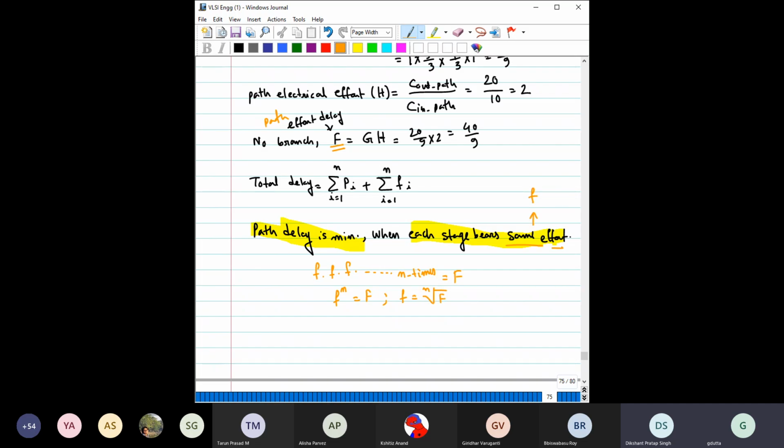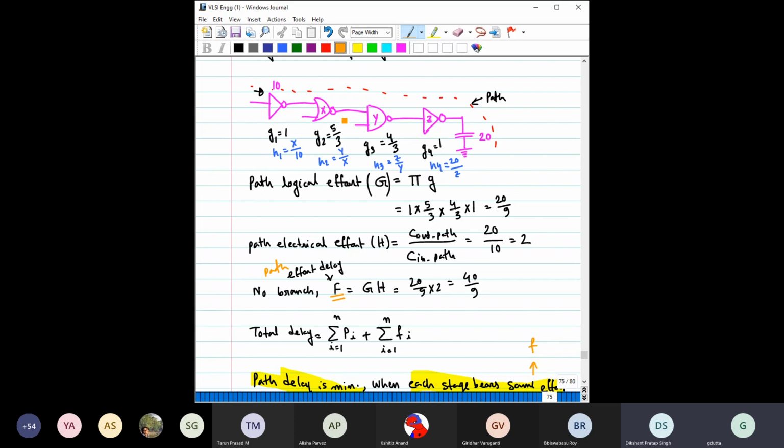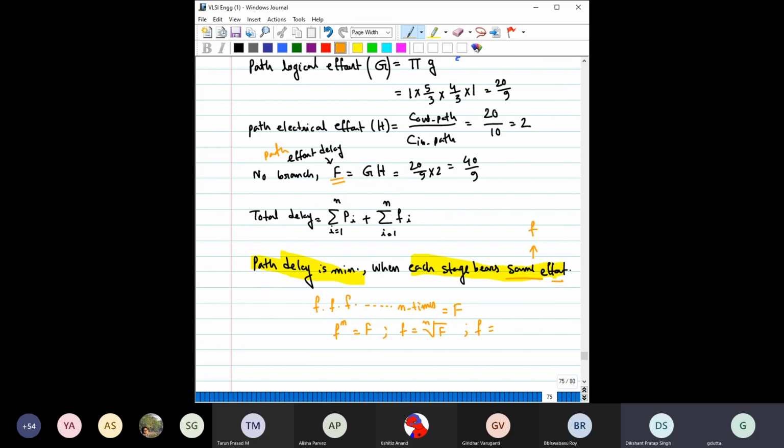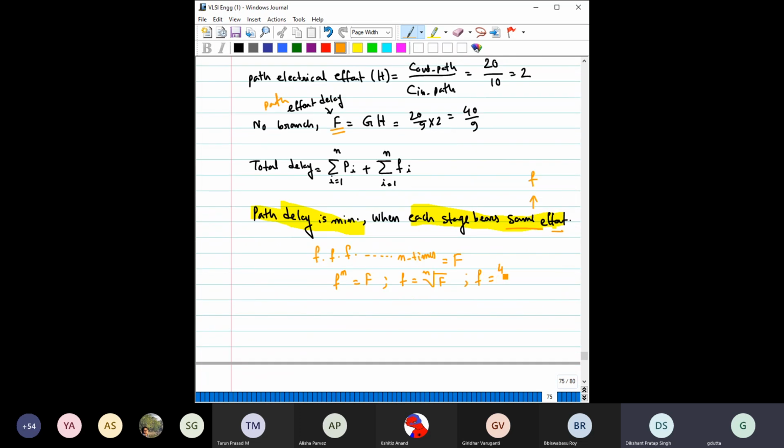For this particular case, what would be the value of f? f would be the nth root. n is basically 4 here. How many stages? 1, 2, 3, 4. So n is equal to 4 here. So it is the fourth root of the total F, which is 40 by 9.